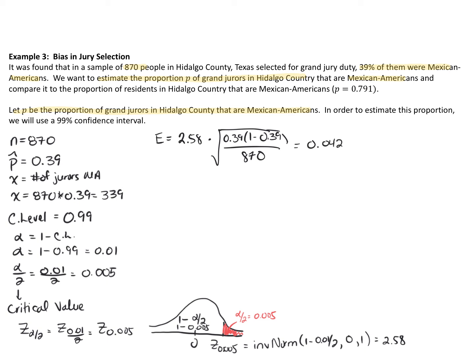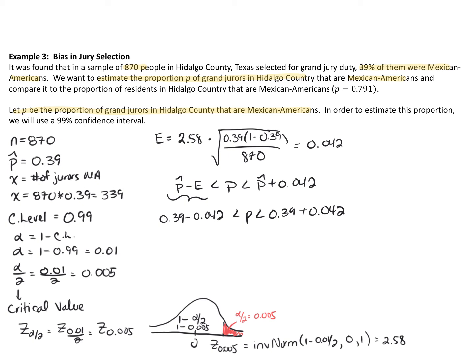Now I'm going to use this notation: p hat minus the margin of error is less than the actual proportion of Mexican Americans for the county, which is less than p hat plus the margin of error. So 0.39 minus 0.042 is less than p is less than 0.39 plus 0.042.